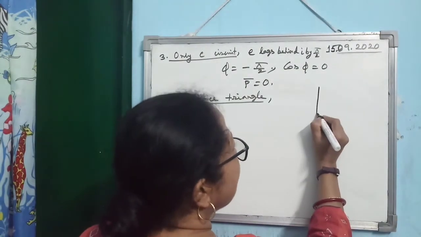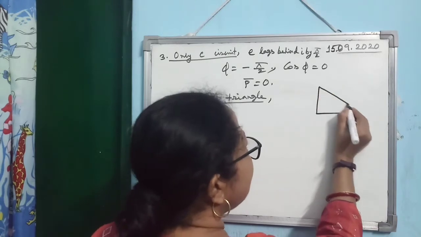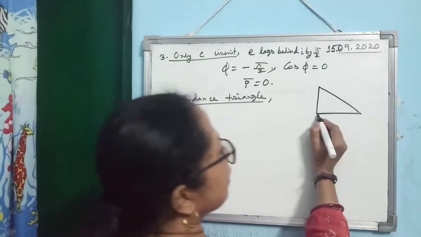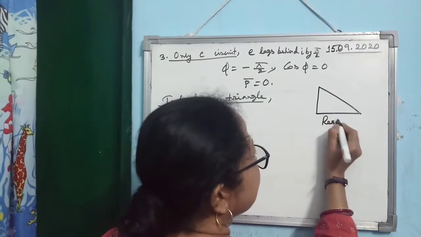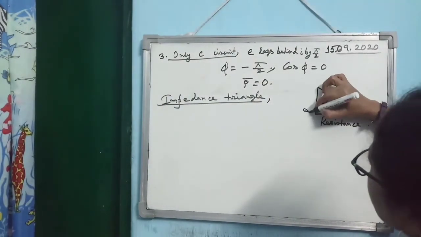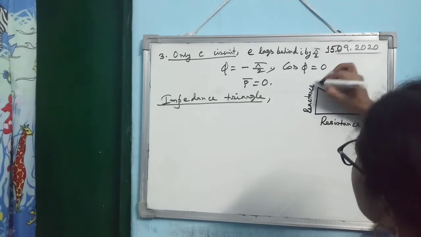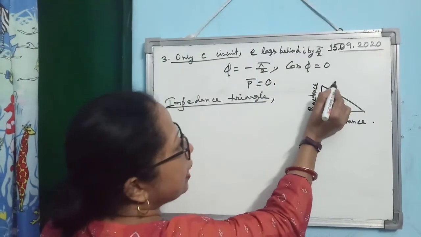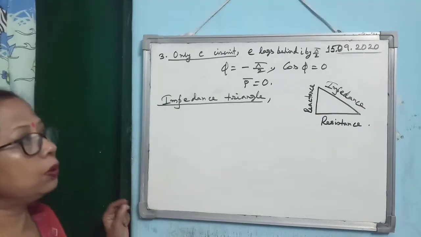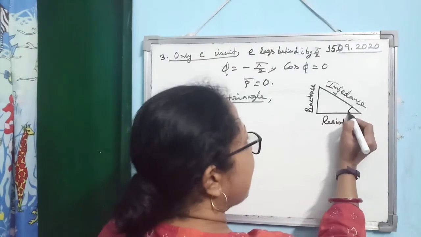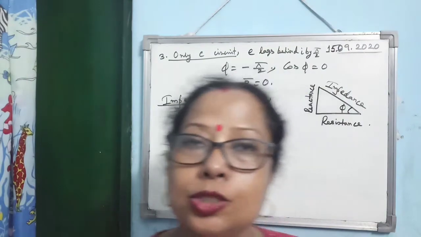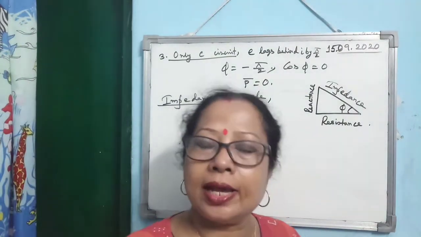Impedance triangle is a right angled triangle, where the base is representing the resistance in the circuit and the perpendicular gives the reactance of the circuit, and the hypotenuse represents the impedance of the circuit. So this angle gives you the phase difference between EMF and the current. So this is the implication of an impedance triangle.